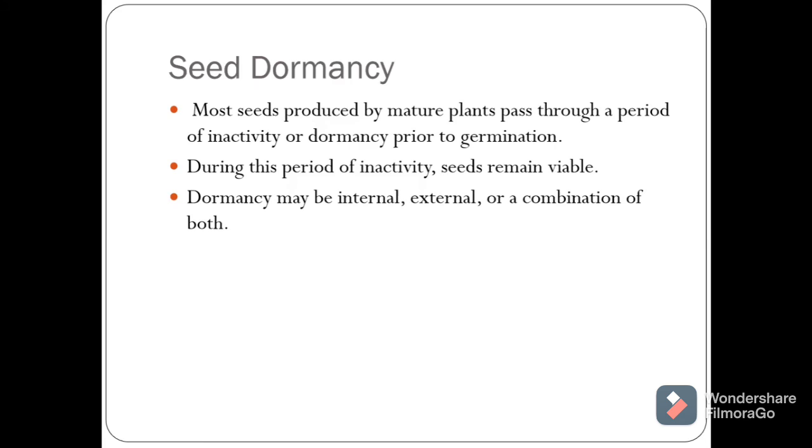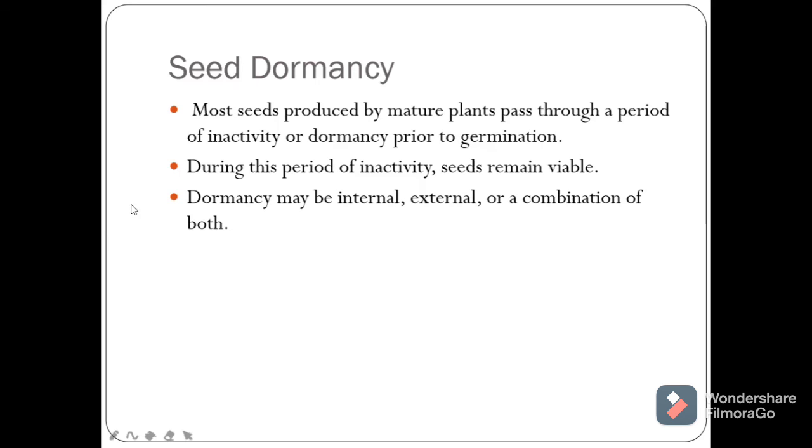During this dormancy period, these seeds are inactive, but they are viable. Once they pass this dormancy period, they can germinate. Dormancy may be internal, it may be external, or it may be a combination of both.